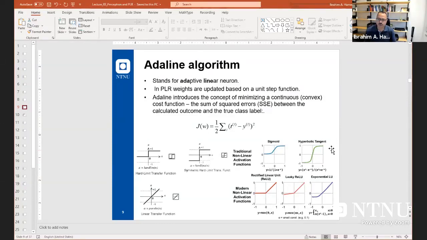But if you use hyperbolic tangent or sigmoid, you will get a number between 0 and 1, and in this case it will be the probability that this input belongs to one of the 2 classes. So we can use hyperbolic tangent, sigmoid, hard limit, or symmetric hard limit transfer functions.